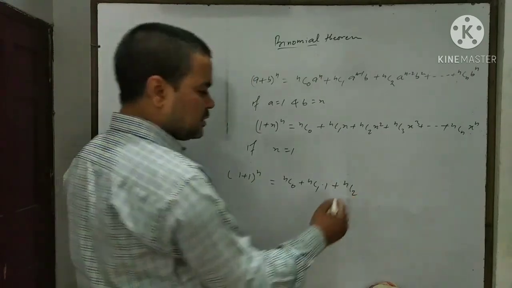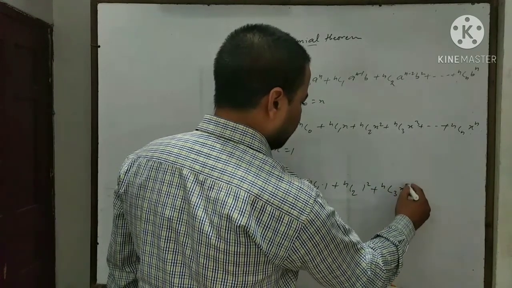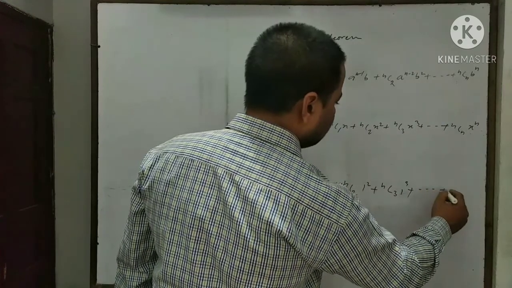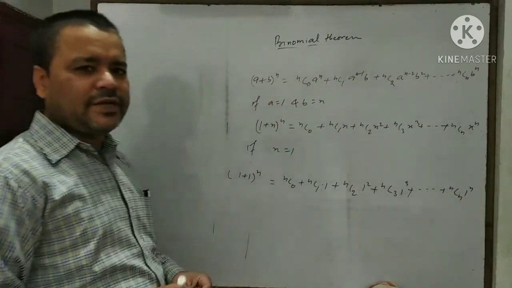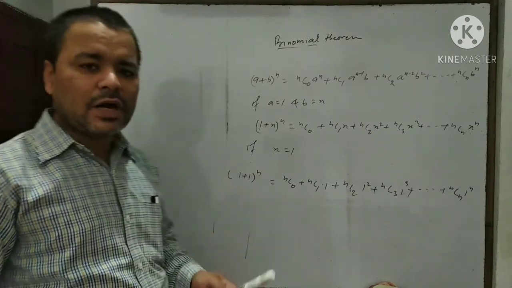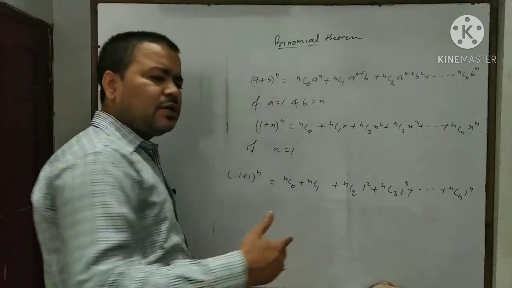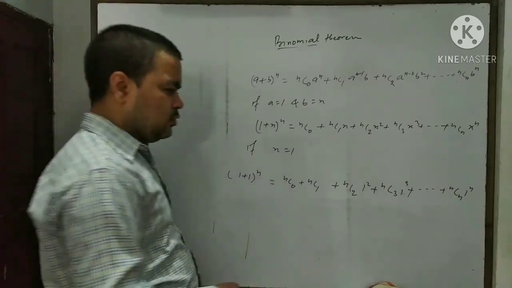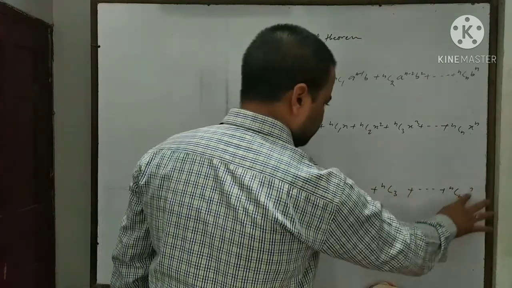But we know that whatever power of 1 we have, its value will always be 1. If 1 is multiplied to any value, it gives the same value. Therefore, here its value will be only this much.